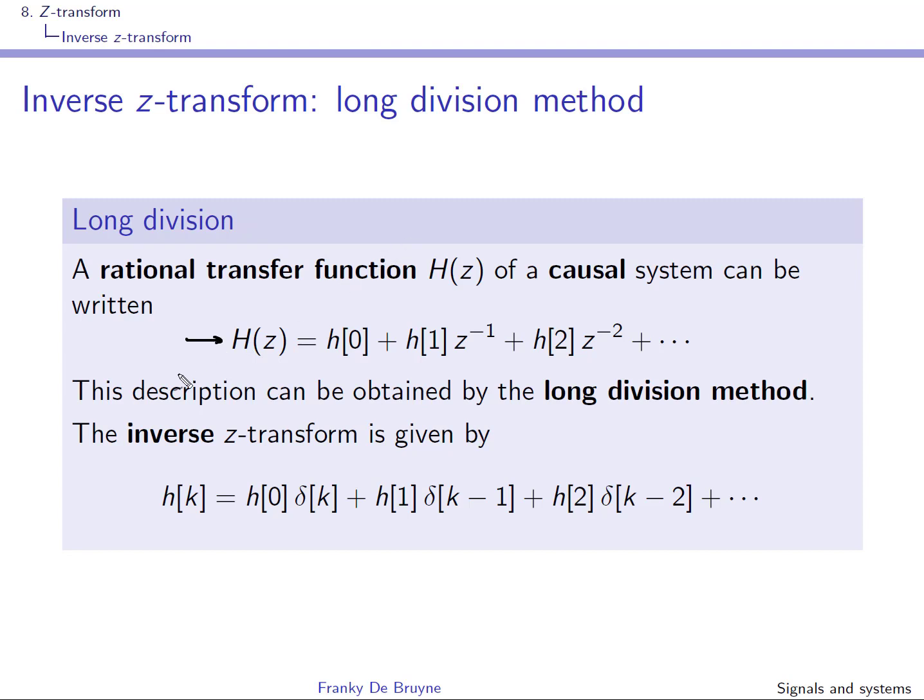And once you have this description, you can do the inverse Z transform, and this is what you obtain. So this is a constant, so it must be the Z transform of a delta. This is a constant times z to the minus 1, so it must be the Z transform of a delta that has been shifted by 1. Okay, so once you obtain this, it's quite easy to obtain the inverse Z transform.